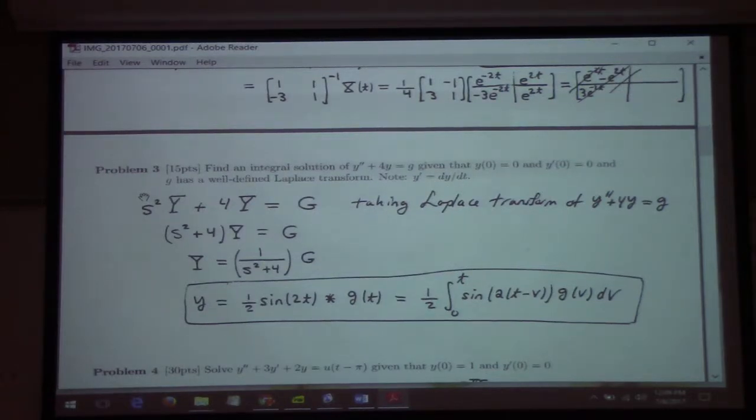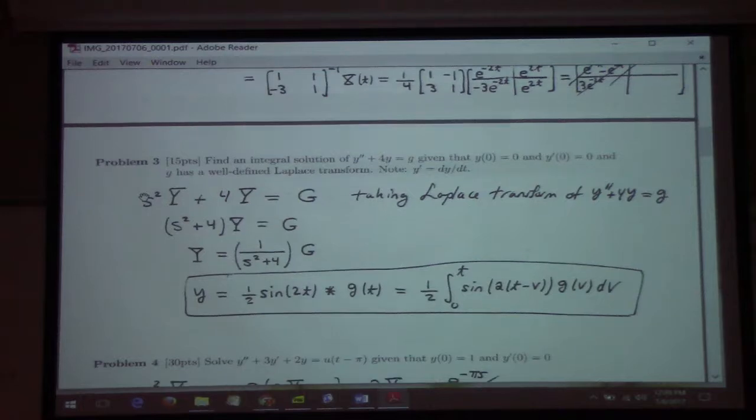And then g(t) is the inverse transform of big G, and there's the convolution. Of course, you could have also written the integral from 0 to t of g(t - v) times sin 2v dv. That would have been the same, since the convolution is symmetric. The formula doesn't have to look exactly like this, but I think a few of you had exactly this formula, which is good. Hooray.